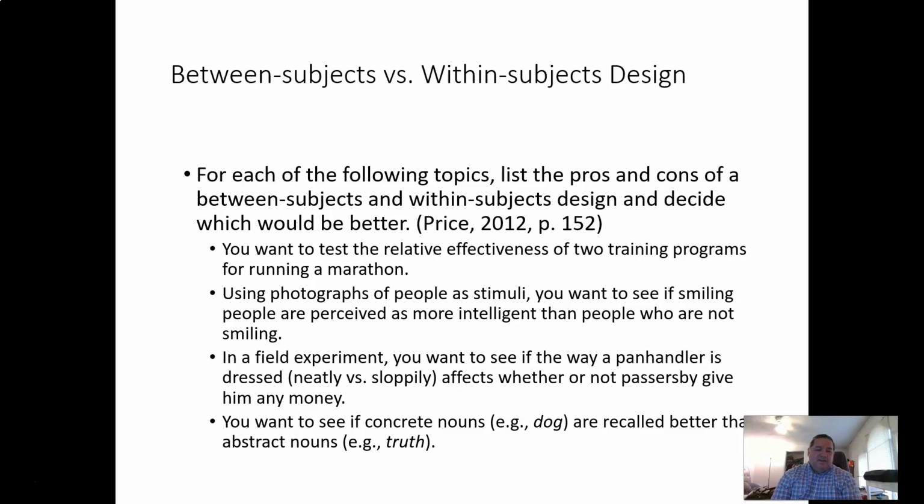So you'd want to randomly assign a group of people to treatment 1, or training program 1, and then randomly assign others to treatment 2, or training program 2. That would be best.